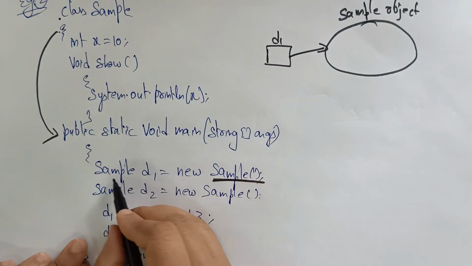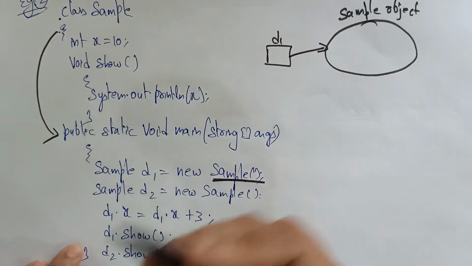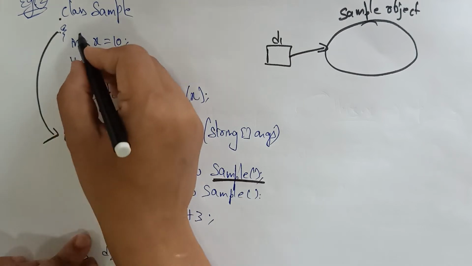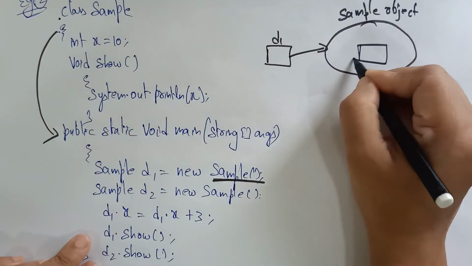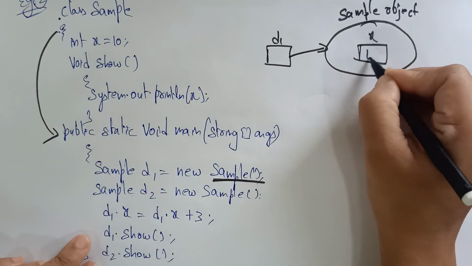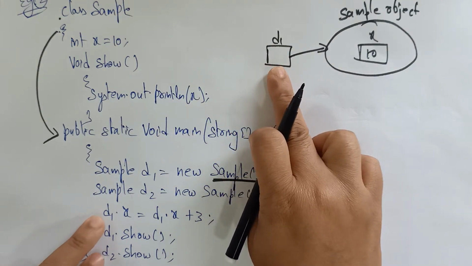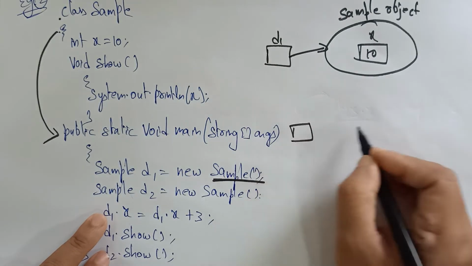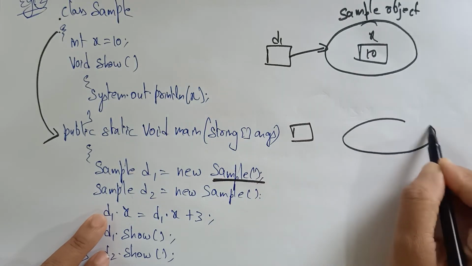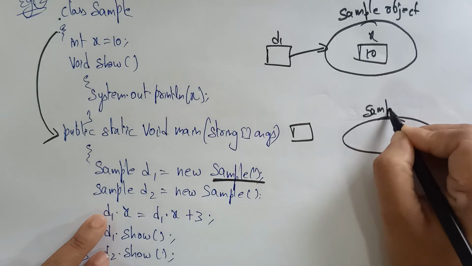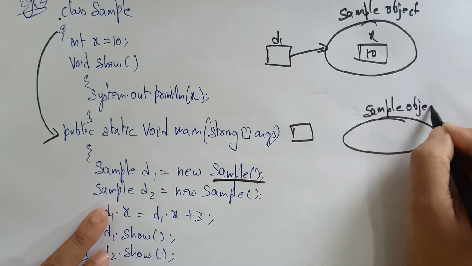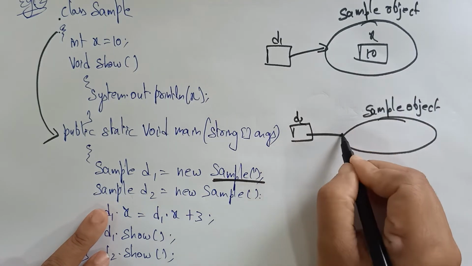Whenever the Sample object is created, it stores the instance value, say x = 10, with the object reference d1. Now another object is created, a new Sample object, with d2 as its reference.